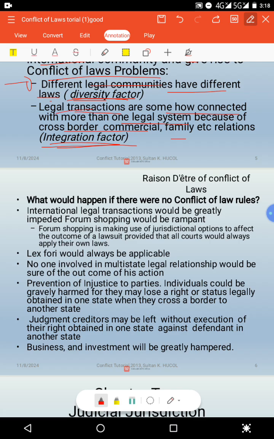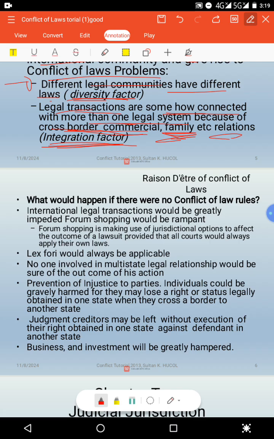So legal transactions are connected with more than one legal system because of cross-border commercial and family relations, as they occur in different scenarios, especially when the citizens of two countries marry each other. So the integration factor will occur. When cross-border commercial activities are applied, the integration factor will also arise. This is the main point you have to understand.